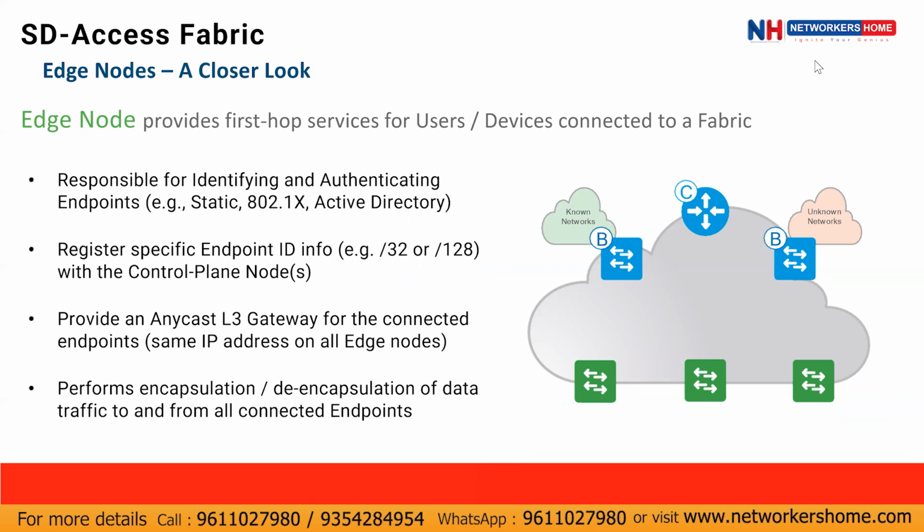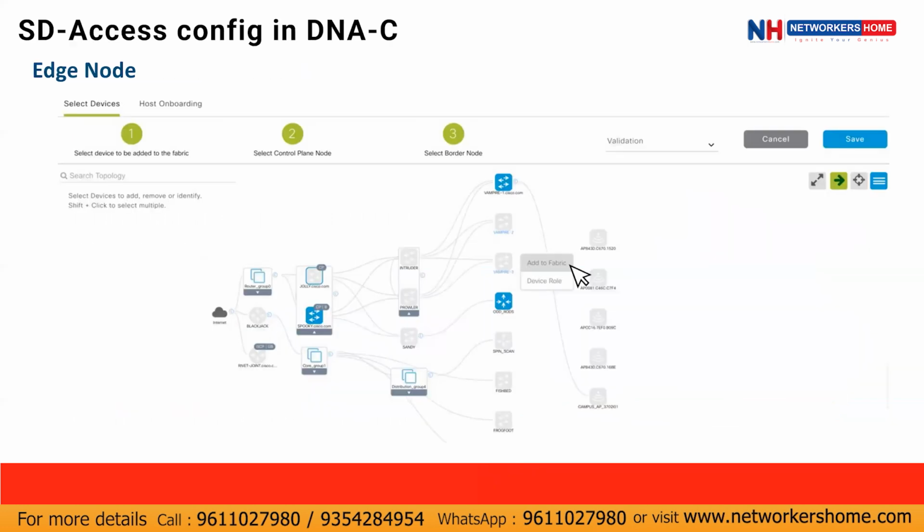So this is all about the edge node, and in the DNA Center, you just need to click on that specific edge node and use this option of add to fabric. When you do add to fabric, and an E is visible here, when the device is blue, it is a part of the fabric.